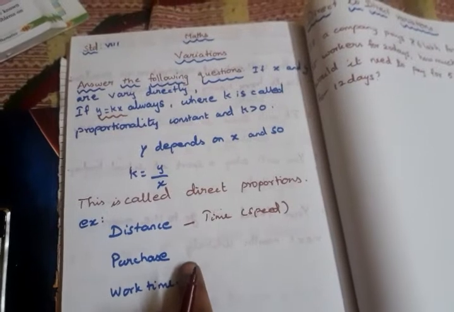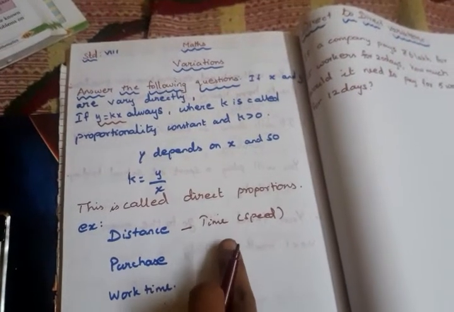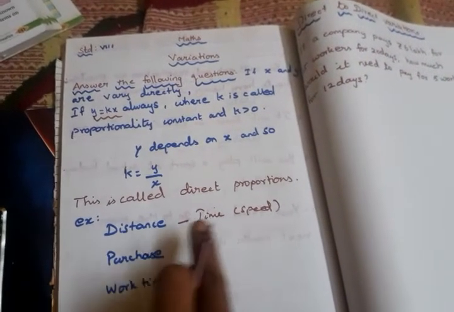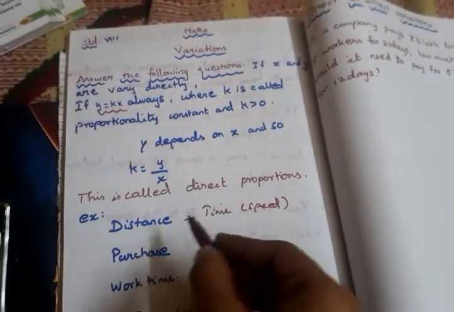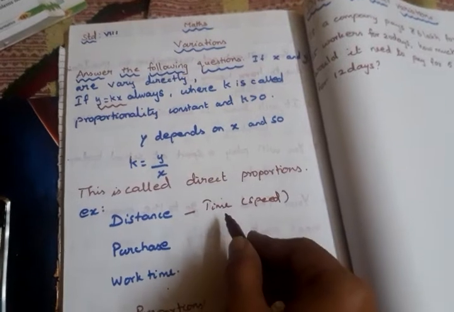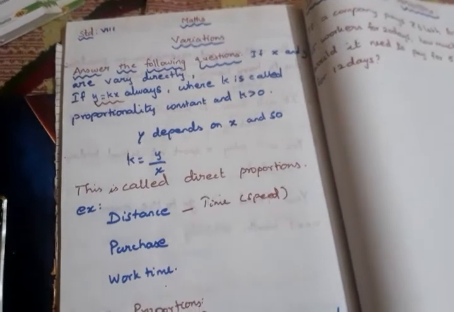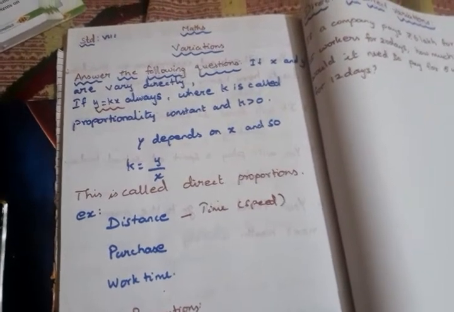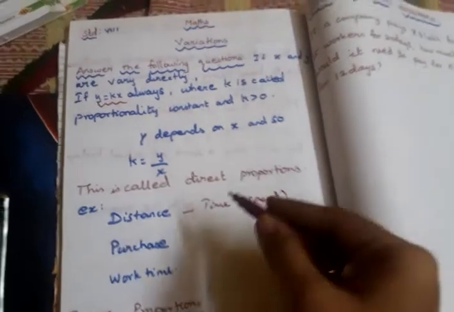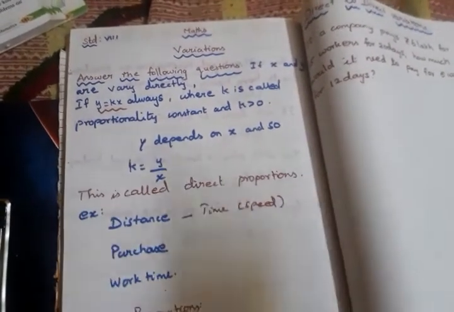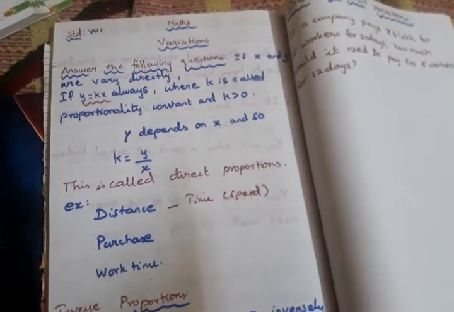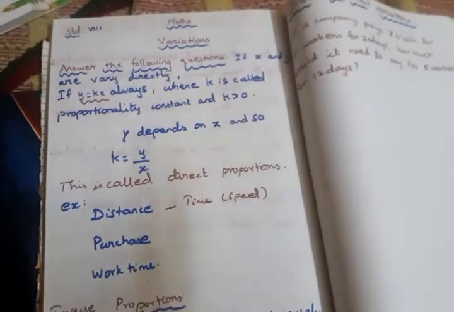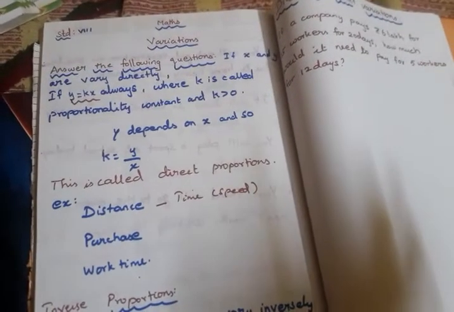So if the speed increases, then the time also increases. That is called a direct proportion.